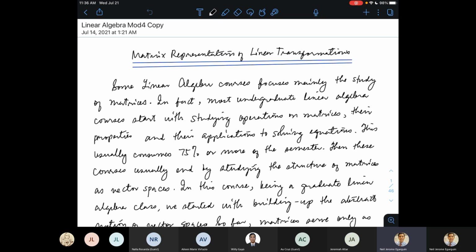Though we said that linear algebra is the study of mappings that preserve the linearity of the vector space, or will preserve the structure of the vector space with respect to vector addition and scalar multiplication. But why do linear algebra courses focus very much on matrices, right? So this module tries to justify that by showing that there is an equivalence. There's a one-to-one correspondence between the set of all matrices over a field and the set of all linear transformations between two vector spaces of the appropriate dimensions, right?